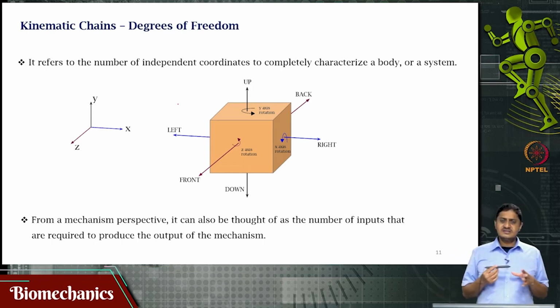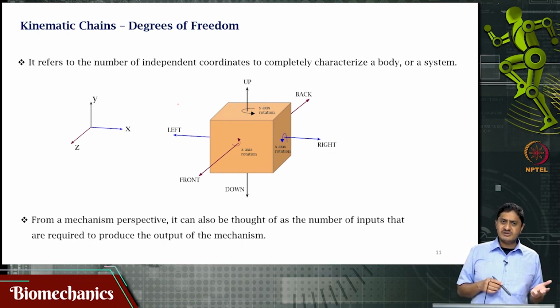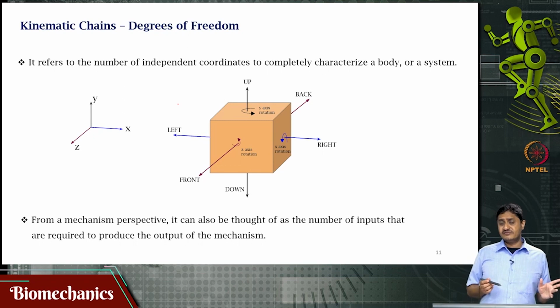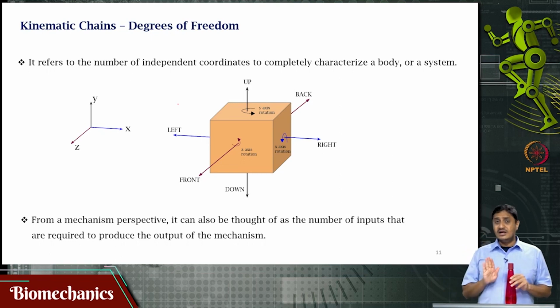We just discussed the degrees of freedom required for an object in 3D space: how many rotational degrees of freedom it will have and how many translational degrees of freedom it will have. But suppose I have the same object and I say it will move only in the plane of the screen. That means it can translate from left to right, it can translate up and down, and it can rotate.